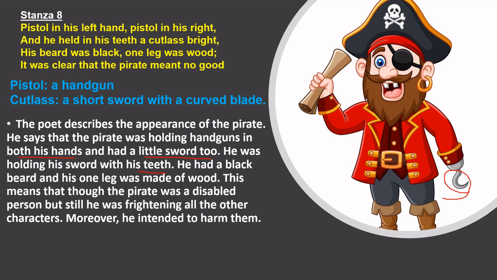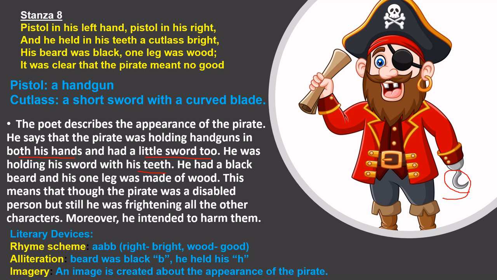Probably he might have lost his leg in some incident, and that's why he had a wooden leg. This means that though the pirate was a disabled person, he was still frightening all the other characters. All the other characters here means Ink, Blink, Custard, Mustard and Belinda. Moreover, he intended to harm them. So it was very clear that he had come with a very bad intention, not with a good intention.